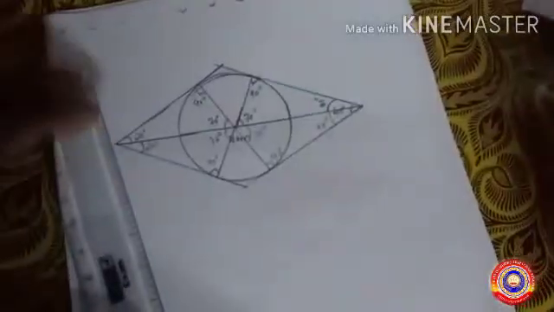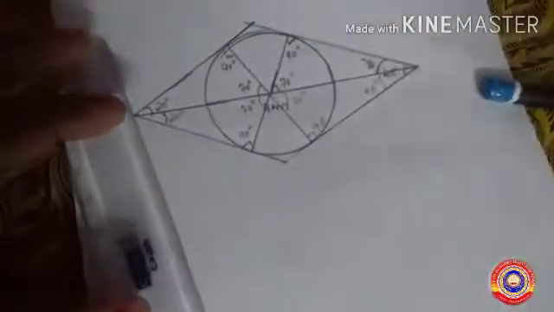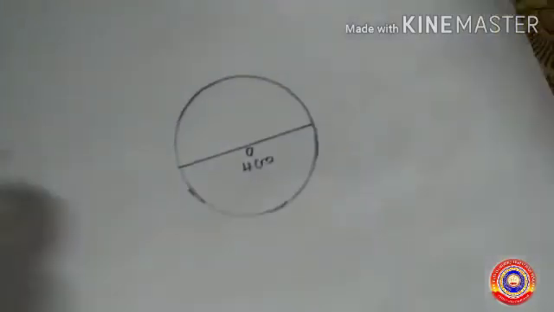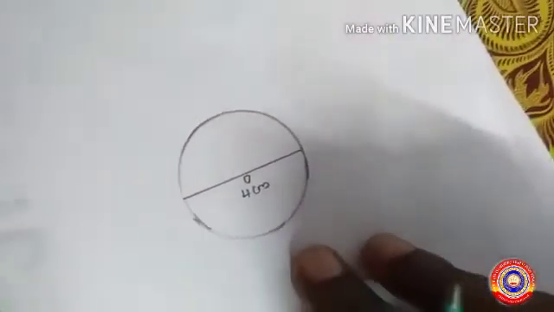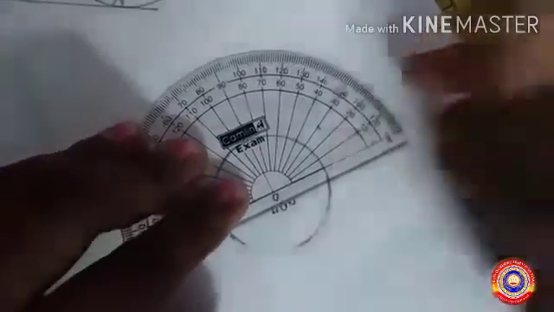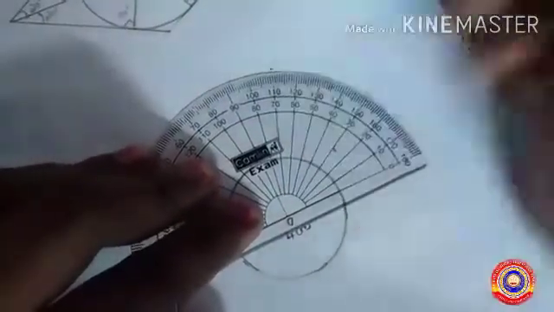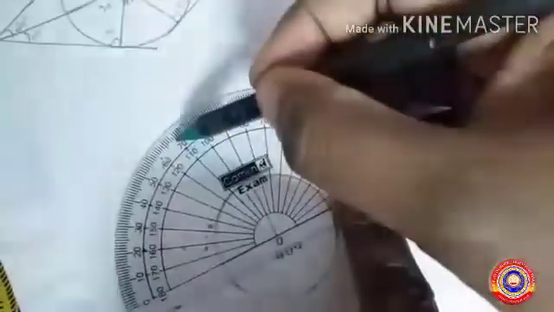For that, first of all, we have to draw a circle of radius 2 cm. Then join its diameter, equal to 4 cm. Using a protractor, measure 70 degree from the point O. We can measure 70 degree on both sides, on the left side and the right side.